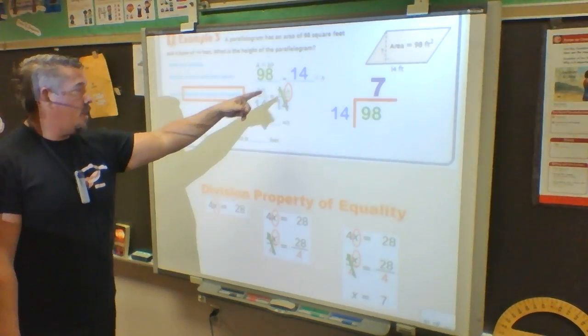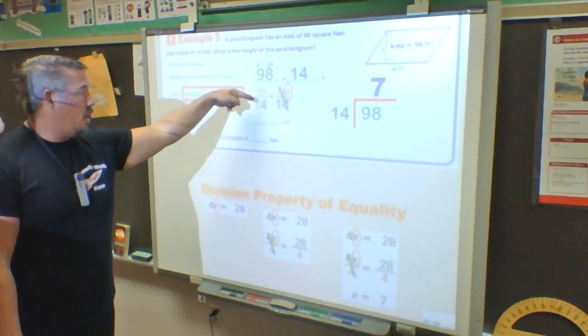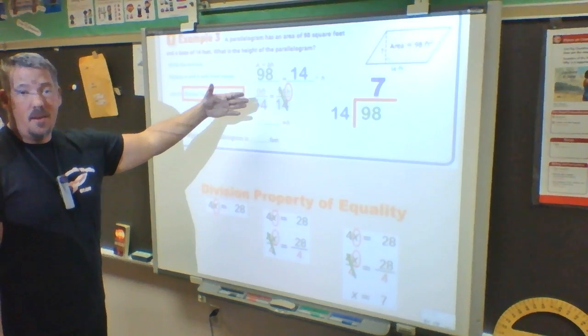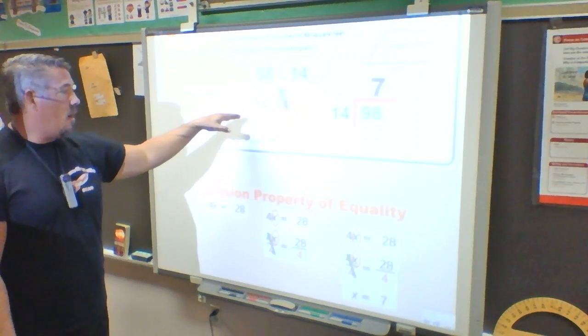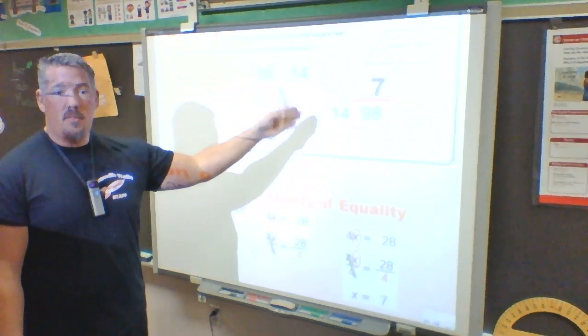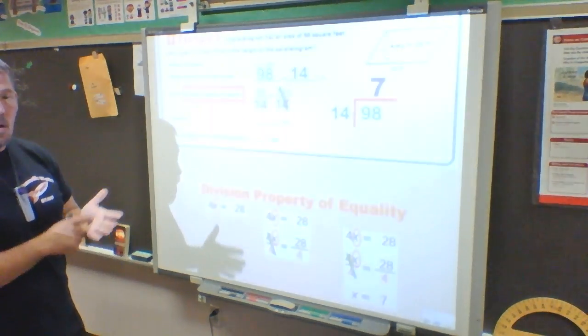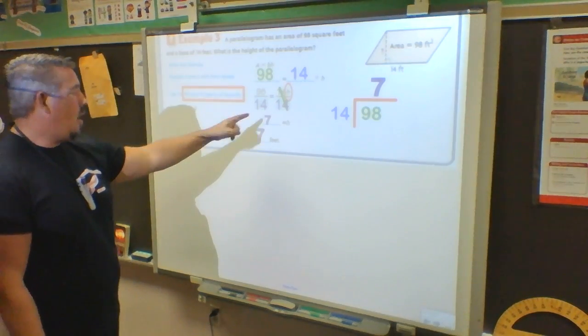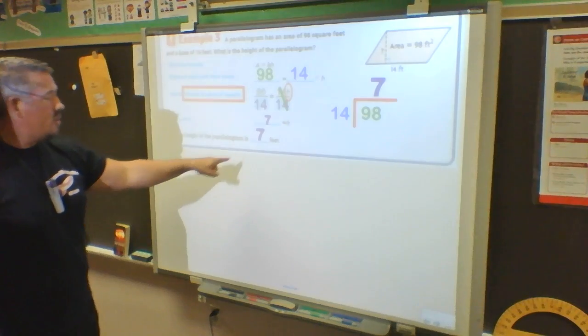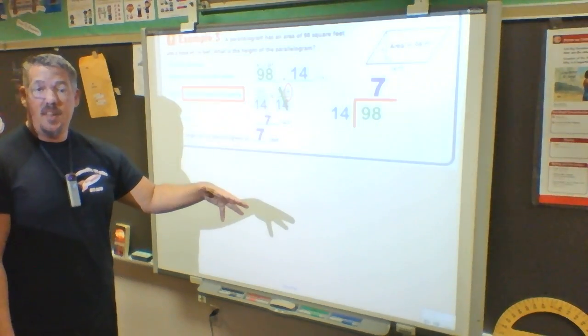And I end up with that h is equal to 98 divided by 14, or 98 over 14. Top number goes inside my box. I divide by 14, 98 divided by 14, handy dandy calculator, 98 divided by 14 equals 7. So I know my height is equal to 7, and then notice the label on that. It's just feet, isn't it?